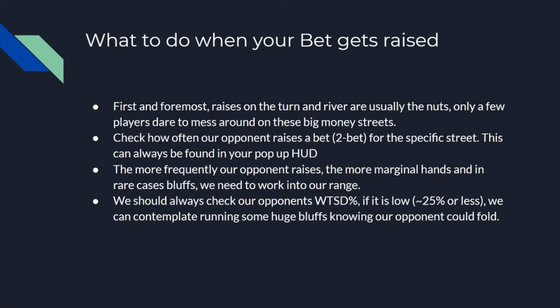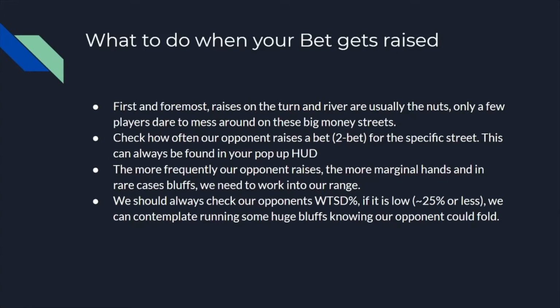So that being said, it's really important to check how often our opponent raises a bet, how often they 2-bet for the specific street, the turn or river. This can always be found in our pop-up HUD, and the more frequently our opponent raises, the more marginal hands and, in some rare cases, even bluffs we need to start to work into our range.